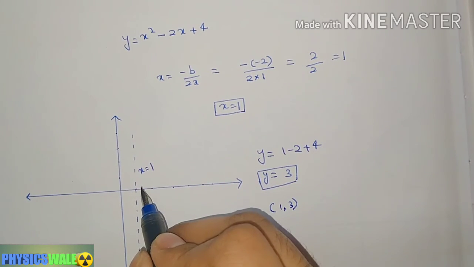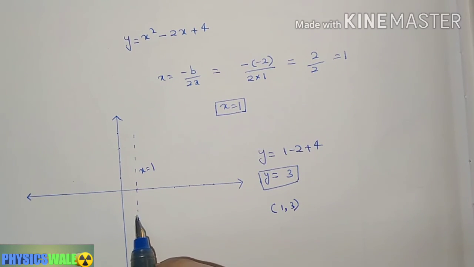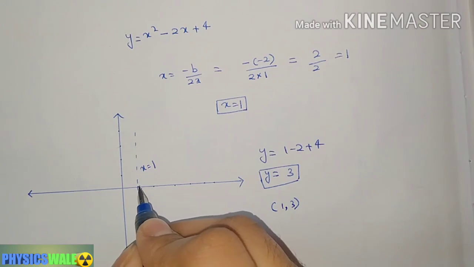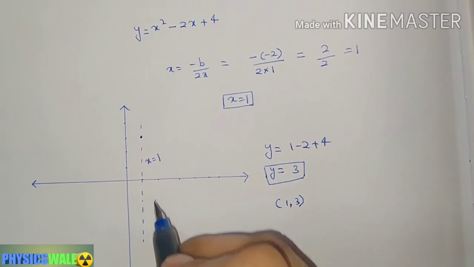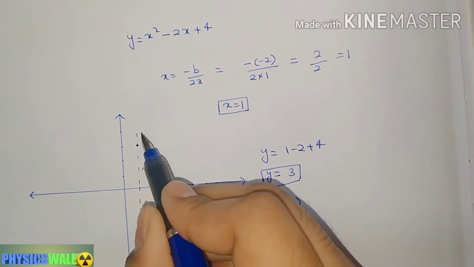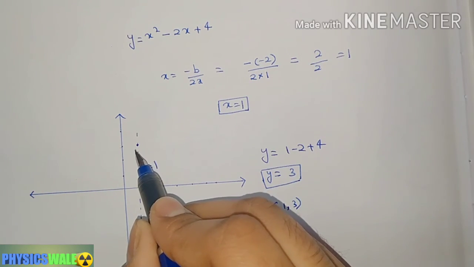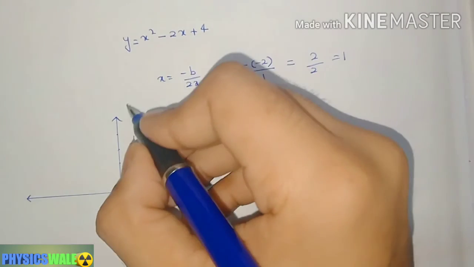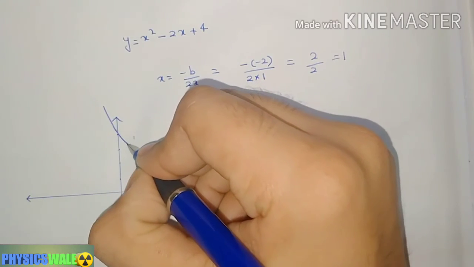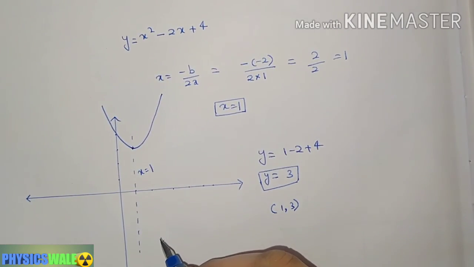These are the coordinates of the vertex of the given parabola that we have to draw. Let us plot 1 comma 3. So 1 comma 3 will be lying over here. So we have found out the axis of symmetry, the vertex, and we already know that the parabola is going to open towards the upper side. So let us draw the parabola. The parabola will look something like this.